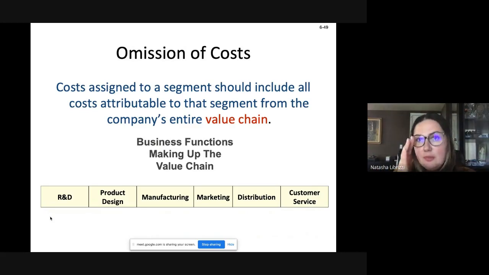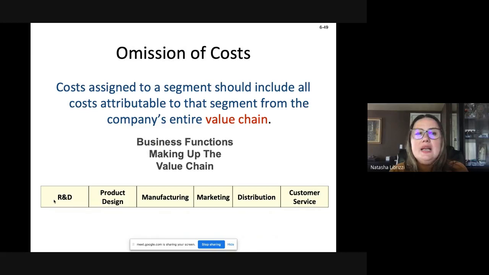So for example, if I'm developing a drug and I have research development related to the drug, yes, it's research development related to a whole thing. But what if a lot of labs do some research that they don't know if they're going to have a final product? They cannot allocate it to something yet. So that becomes kind of overall cost.